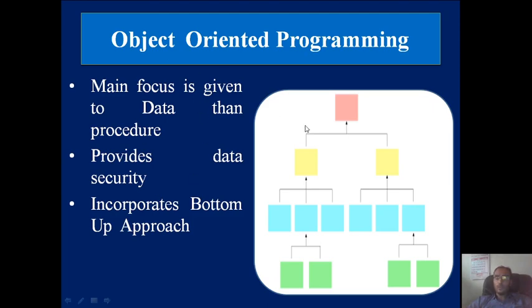Here you can see in the figure, it accommodates a bottom-up approach, meaning a larger program is constructed by combining small different units or chunks known as objects. So complexity lies in the bottom up, and as we go further, we are collaborating multiple objects into a single module to create different applications.